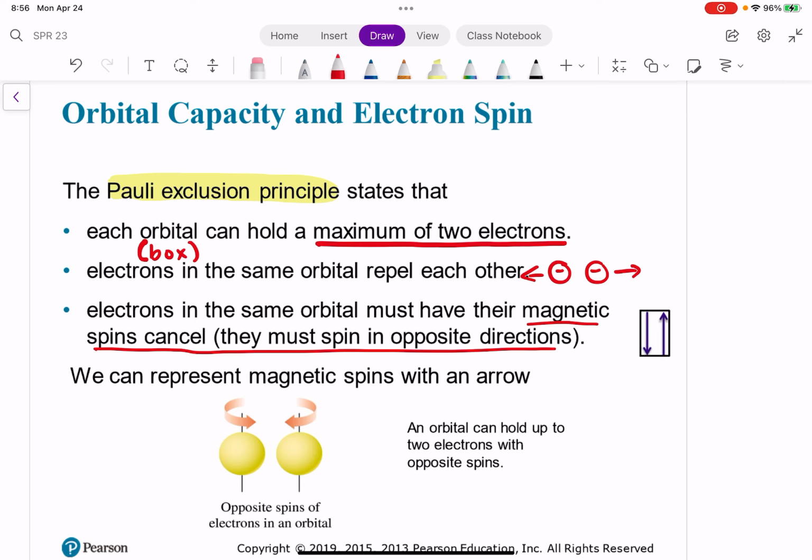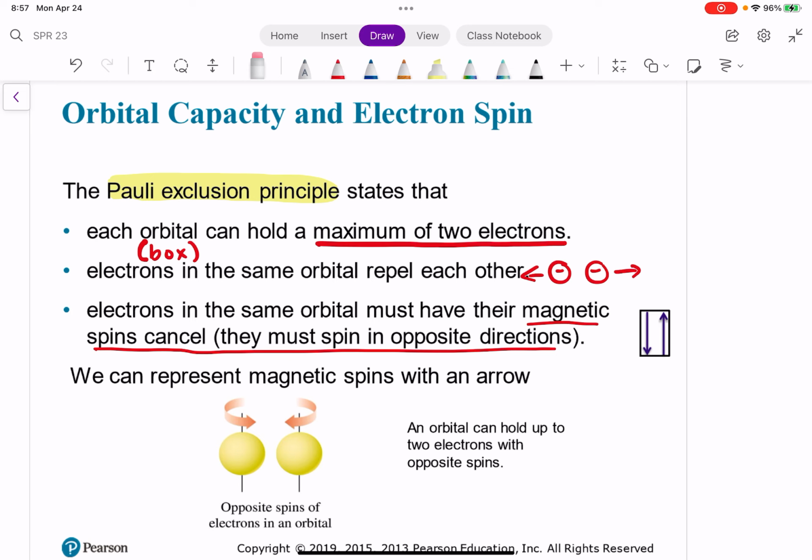So when 2 electrons are in the same orbital, they repel each other unless their magnetic fields cancel each other out, unless they're spinning in opposite directions. When they're spinning in opposite directions, they create that magnetic field, and that cancels out that repulsion. It makes it so they actually will stick together. So this is kind of a depiction of how those electrons are spinning. One is spinning clockwise, the other is spinning counterclockwise. They have opposite spins.